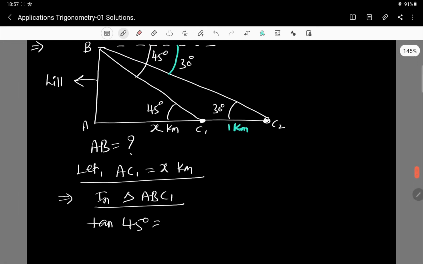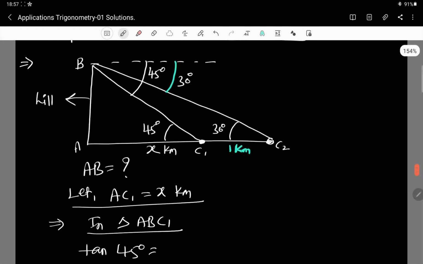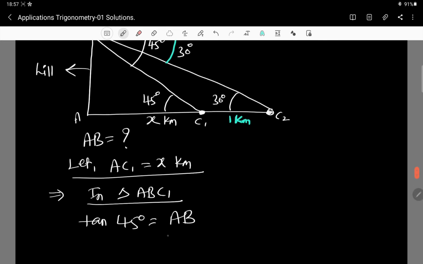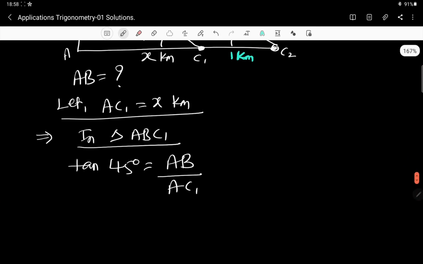Tan 45 means opposite divided by adjacent. What is the opposite side? AB. And what is the adjacent side? That is AC1. Correct. So now this tan 45 degree means 1, and AB is the height of the hill. We know that AC1 we have taken as x, right?